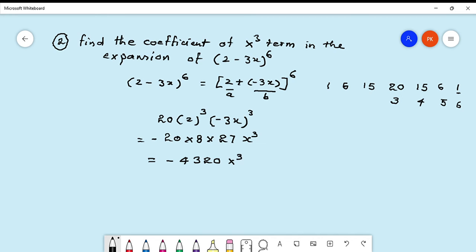That means the coefficient of the x cube term will be negative 4320. Let us see one more problem. I wish the steps are becoming clear to you.